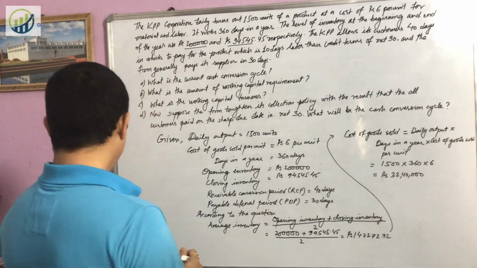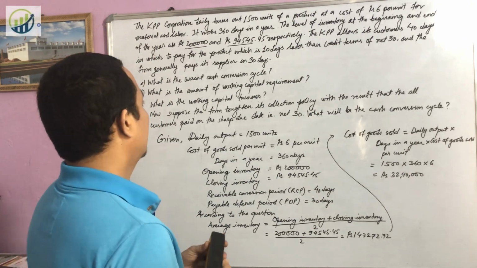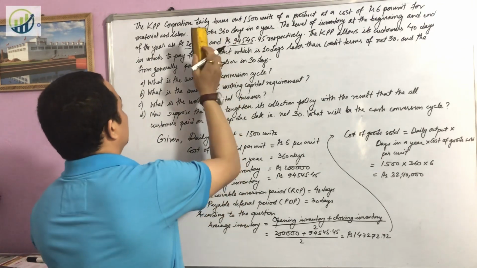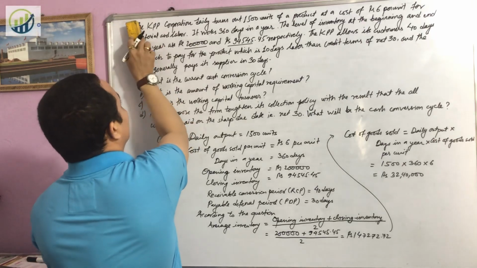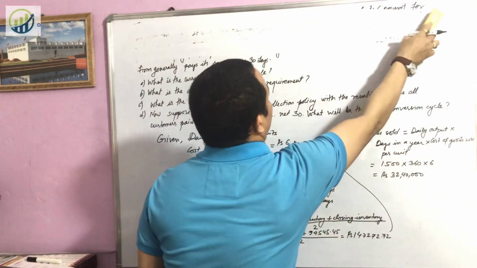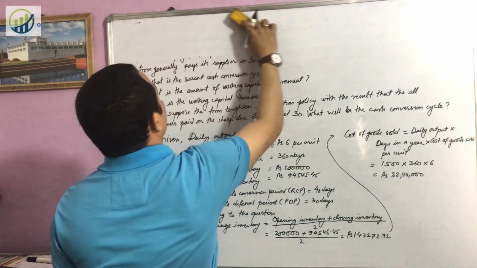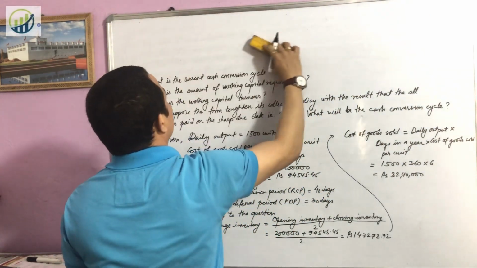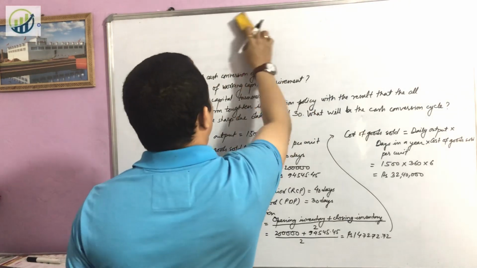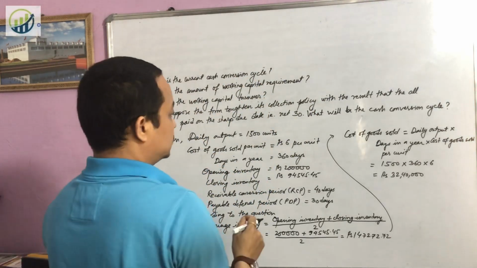Now after you find the annual cost of goods sold, you can find the cash conversion cycle by finding the inventory conversion period. Now let's find the first one.